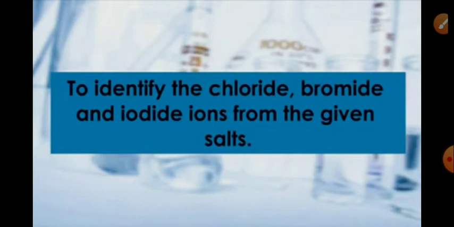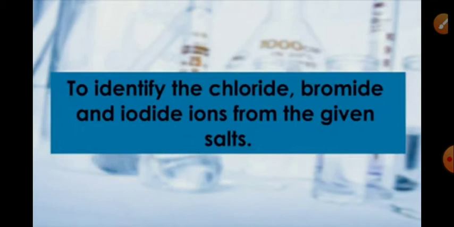These powders look similar, as white crystalline powder. So from looking only you won't be able to identify them. For that we have to perform this experiment. Now children, these powders are potassium chloride, potassium bromide and potassium iodide.